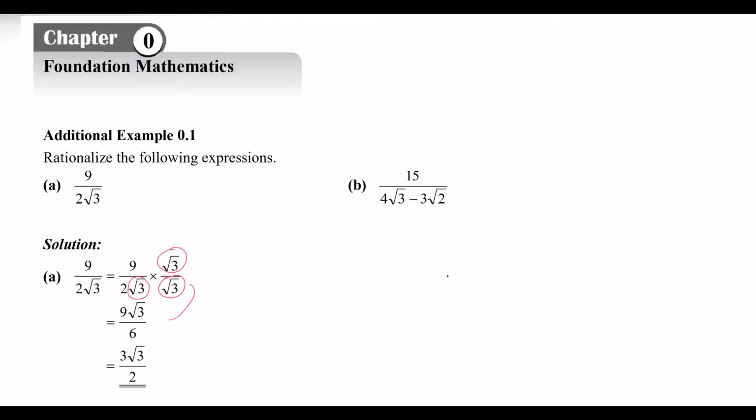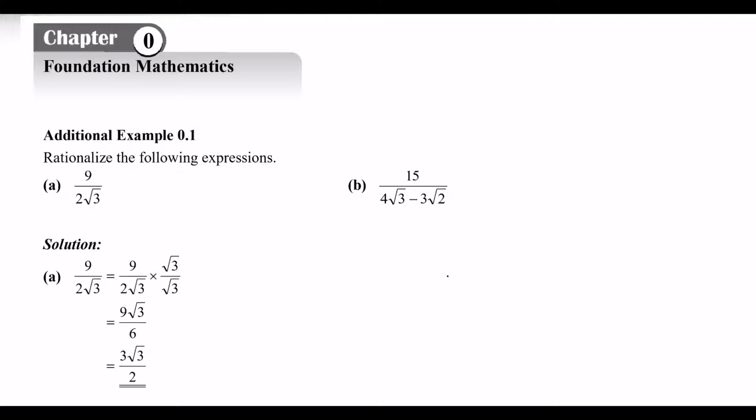And actually, after this step, we have completed the process of rationalization. Then at the end, we look at the fraction and see whether we can further simplify it. In this case, we can see that there's a common factor, 3, in both numbers 9 and 6. That's why after the cancellation, we have 3 times square root 3 over 2. And this is the result that we want to have.